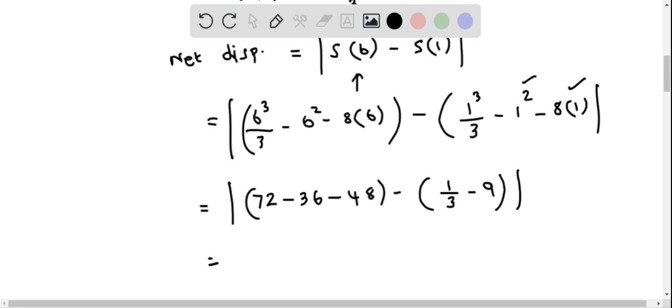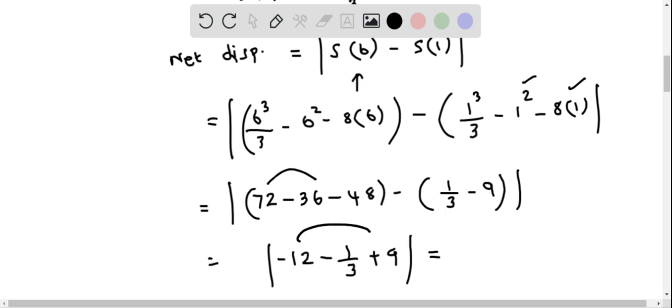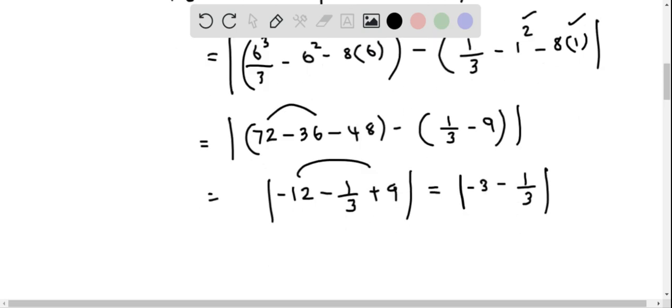We further evaluate this. 72 minus 36 is 36, and 36 minus 48 is negative 12. Then we have negative 1 by 3 and positive 9. Negative 12 plus 9 is negative 3, and then we have negative 1 by 3. In this, we have to take the absolute value.